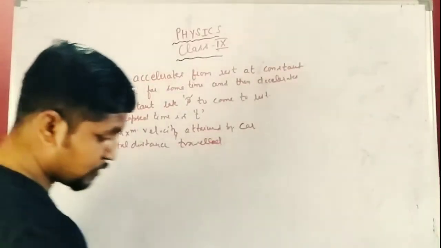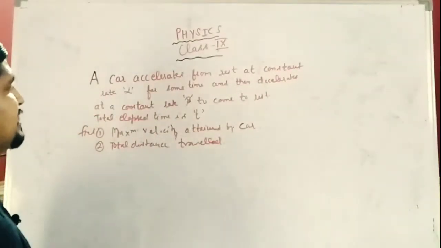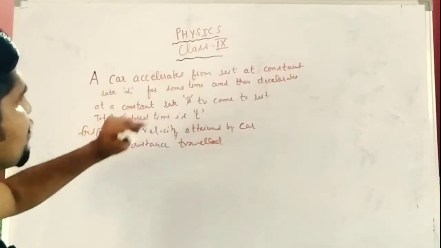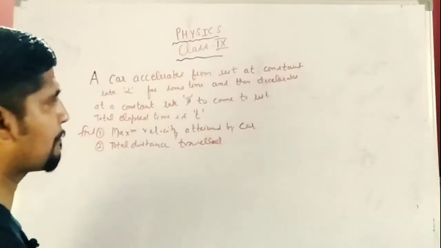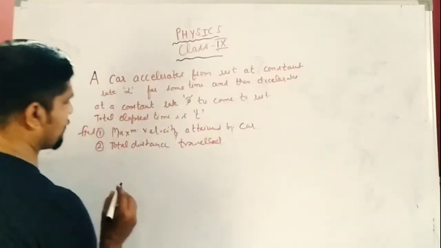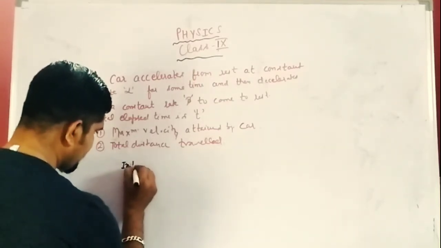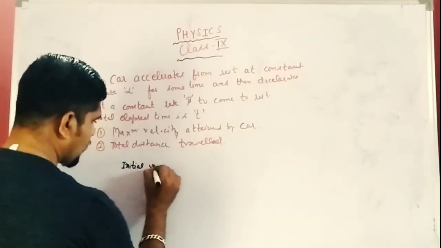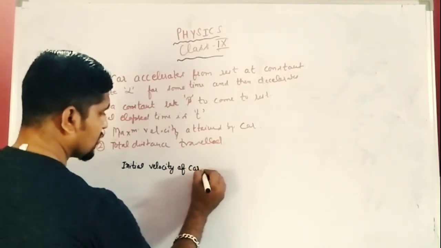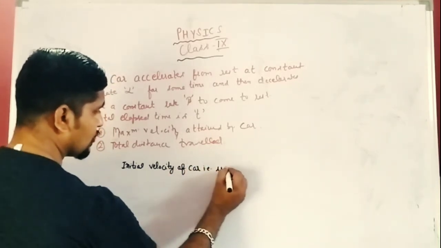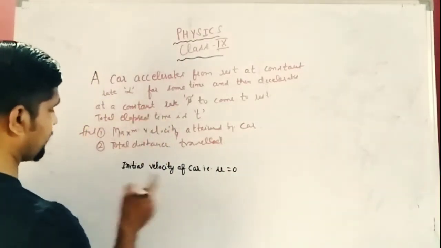Okay, so see, in such types of questions, whenever you are given a statement that a car accelerates from rest, we will move on step by step. A car accelerates from rest, it means the initial velocity of the car, that is u, equals 0.